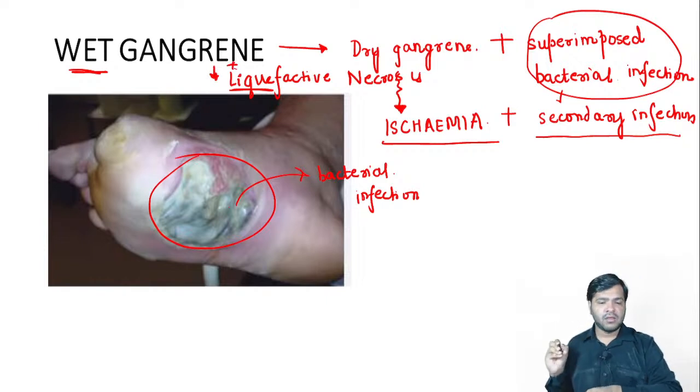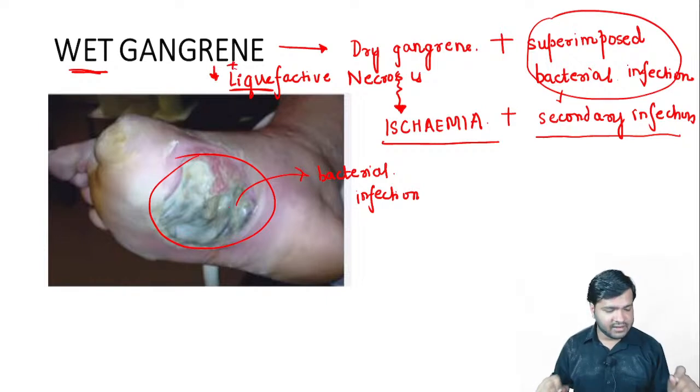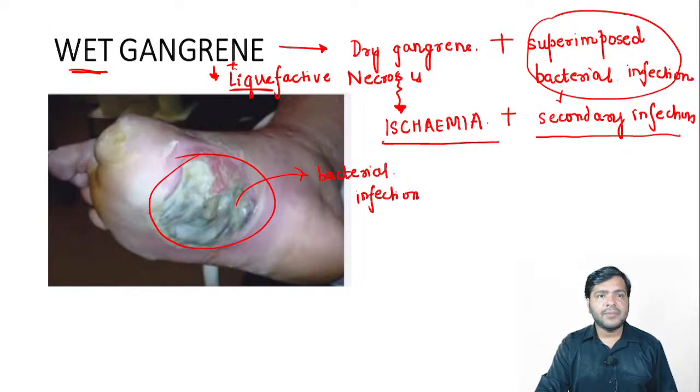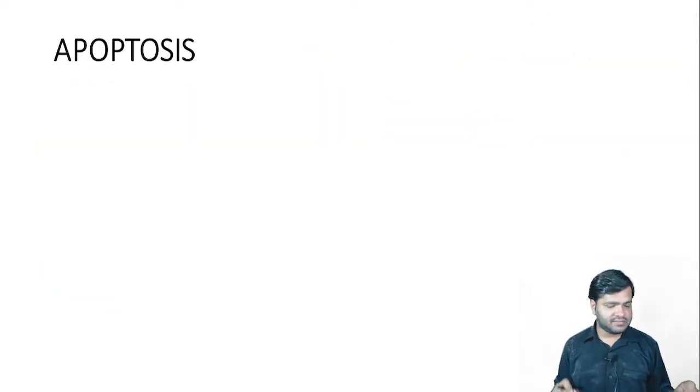Coagulative necrosis is dry gangrene, and liquefactive necrosis is wet gangrene. I hope you all have written and understood about dry gangrene and wet gangrene. It is all done. Coming on to the next part, that is apoptosis.